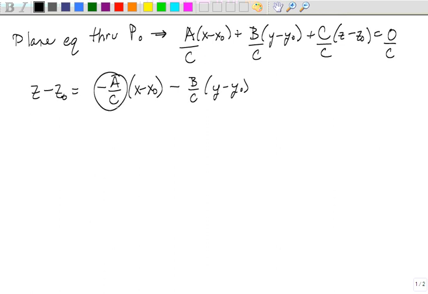And we're going to let that be A, and we're going to let this be B. And then we're also going to let y equal y0, so we're in the plane.